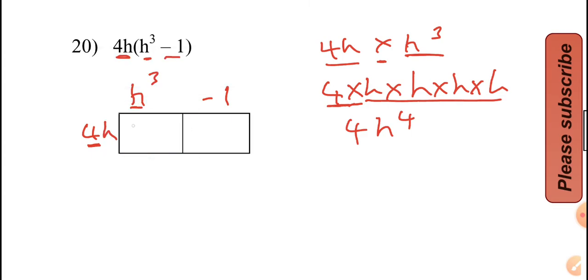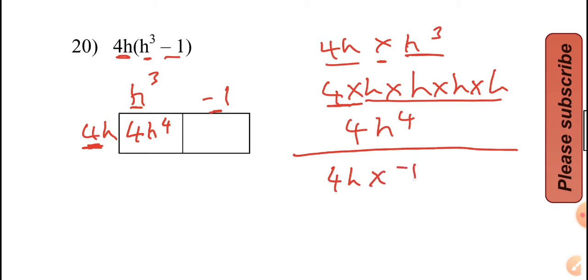So we can fill that in here, 4h to the power of 4. And now we have to do 4h times minus 1. So if I do another bit of side working here, 4h times minus 1, which is really the same as saying 4 times h times minus 1, which is exactly the same as saying 4 times minus 1 times h.